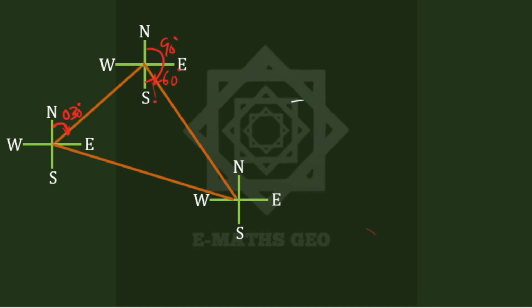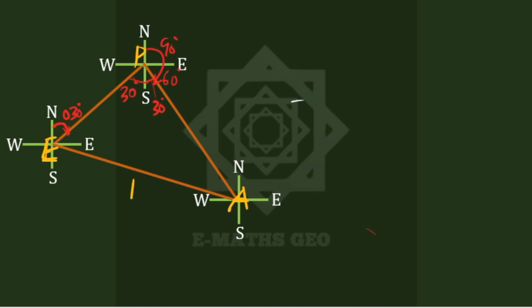The angle here is 30 degrees, and there is also 30 by alternate angle, so the total angle is 60. The point here is the first destination, point P. Here is Enugu Airport, so let's call it E. We're asked to find the distance from Enugu Airport to A, the final destination.